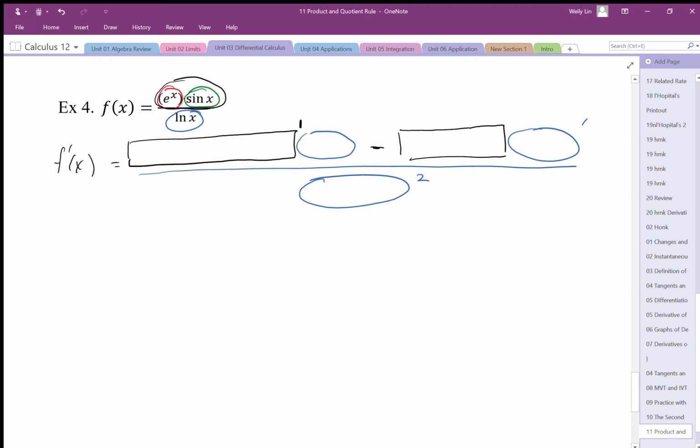Okay, so here you can see there is my quotient rule. The numerator is in black, the denominator is in blue. Now, inside of this quotient rule, I'm going to apply the product rule.